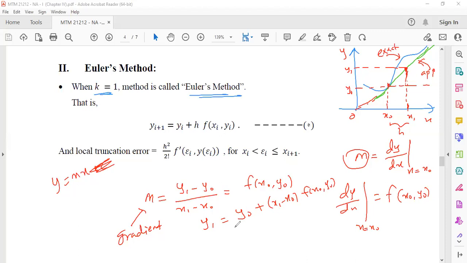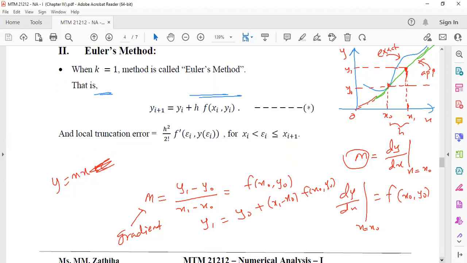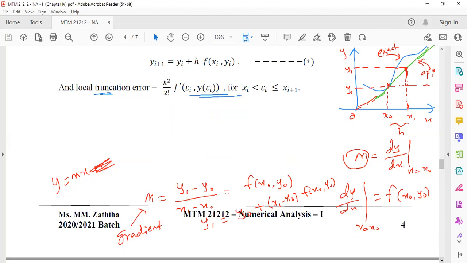So I have derived y1 as y naught plus (x1 minus x naught) f(x naught, y naught). What about y2?